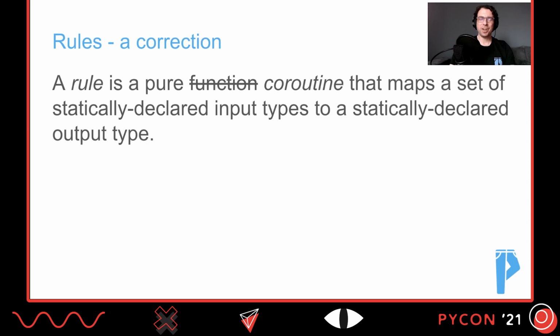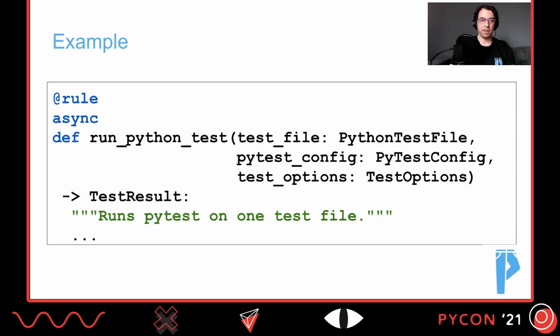Here, I need to admit that I cheated a little for didactic purposes on my previous definition of a rule. It's actually not a pure function, it is a pure coroutine. Same definition as before, but we now emphasize that the rule is a coroutine, and this means that it can yield back to the workflow engine in mid-execution. The definition is identical to the one before, except you see the use of the async keyword.